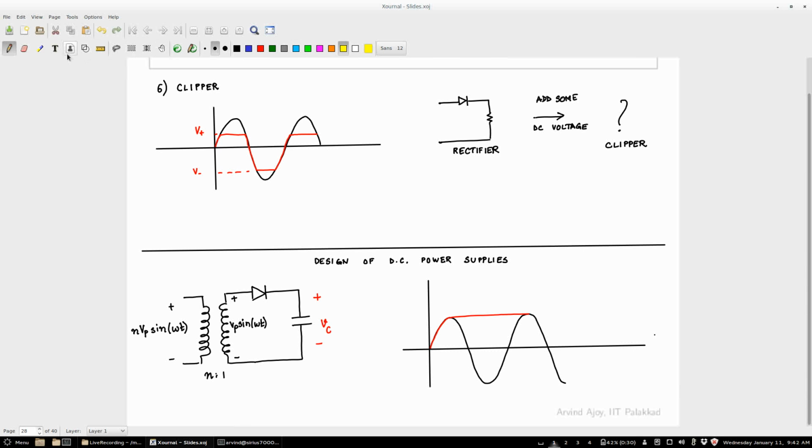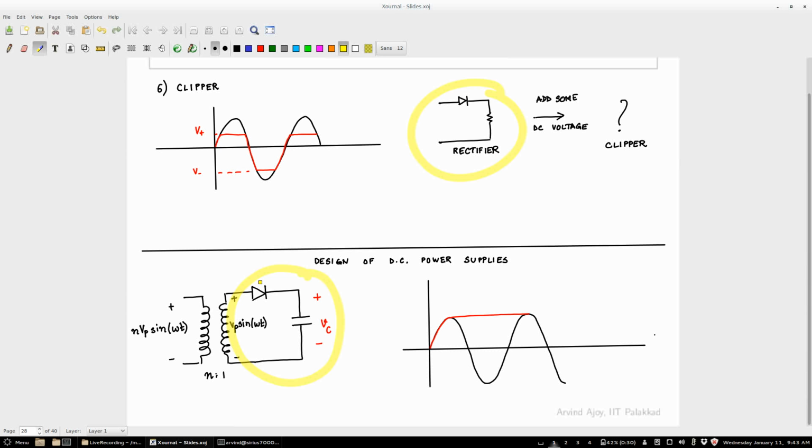So it's a good power supply. This is also a good DC power supply, no? Compare it with the half-wave rectifier circuit with a resistor: look at this circuit drawn here, and look at this one. What's the difference?